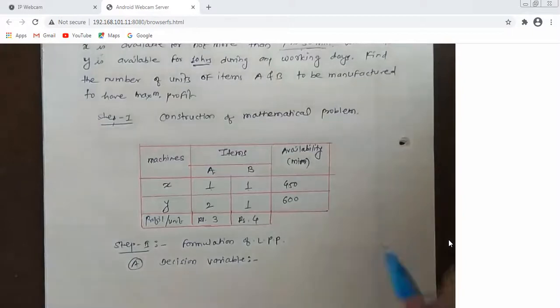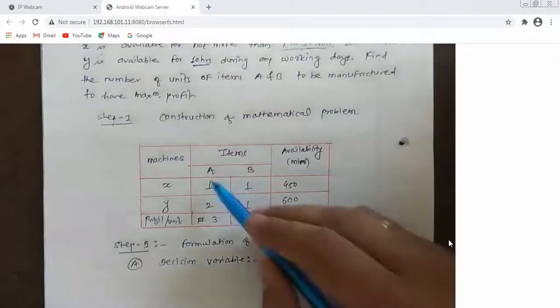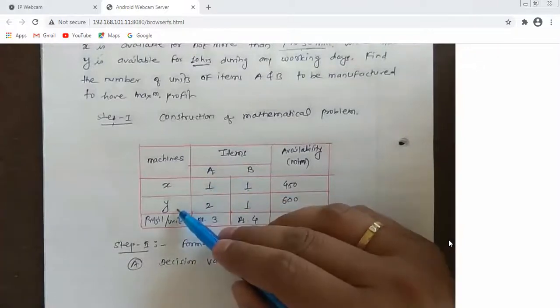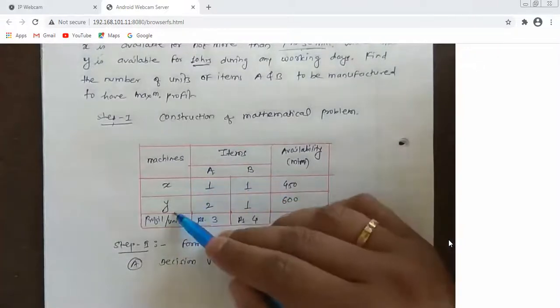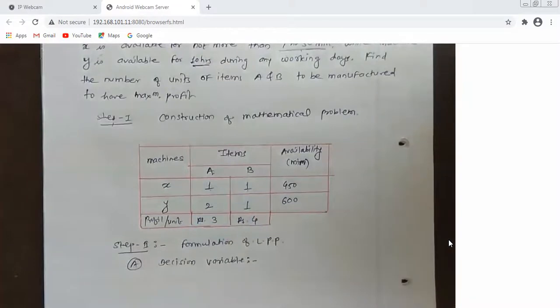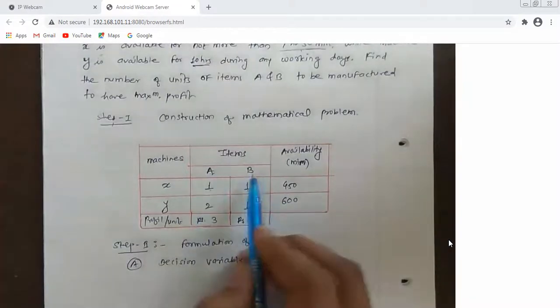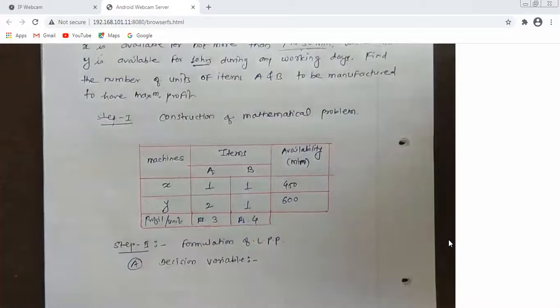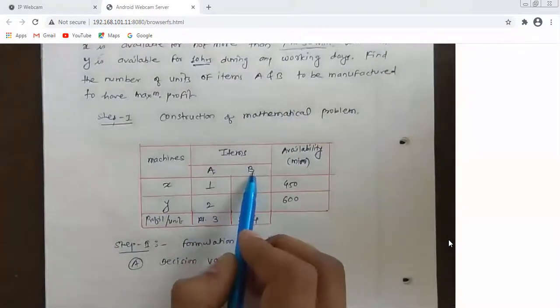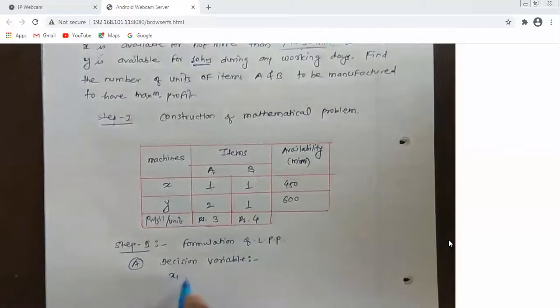See, we are going to produce item A on machines X and Y. Similarly, we are going to produce item B on machines X and Y. But we don't know how many pieces of A and how many pieces of B we are going to produce. So first of all, we have to decide how much quantity of products we are going to produce under A and under B. So I will consider x1 as the number of products produced under P1.